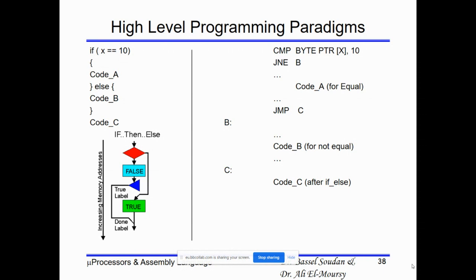Then I have jump if not equal, so go directly to B to execute the else. This is a representation for going to else.